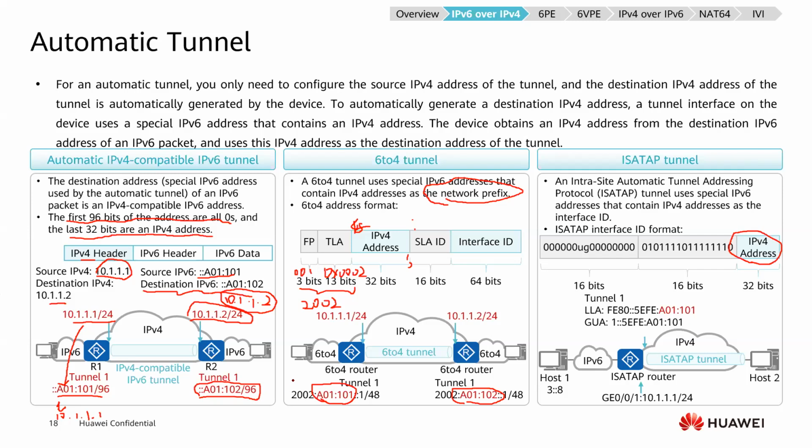But as usual, we do not use such a special IPv6 address as our IPv6 address. So this kind of terminal is not useful for us. In the real network, there is no scenario for us to use this, because it's hard for us to configure the IPv6 network.